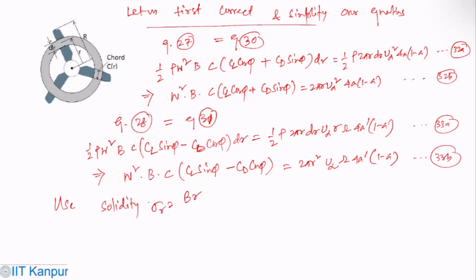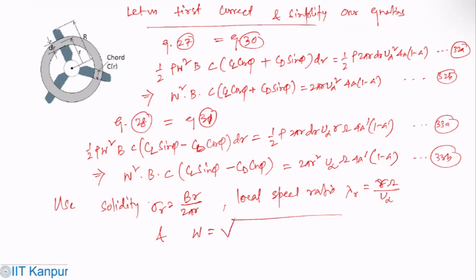Sigma r is B c by 2 pi r, and our local speed ratio lambda r is r omega by u infinity, and W square is u infinity square lambda r square 1 plus a prime square plus u infinity square 1 minus a square.